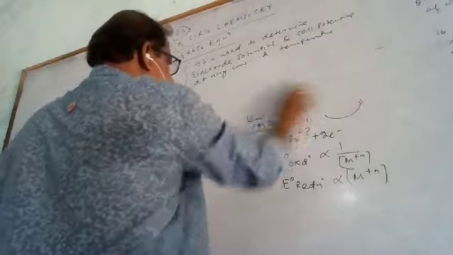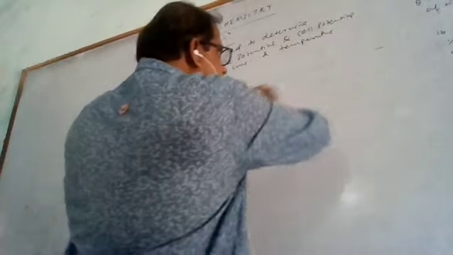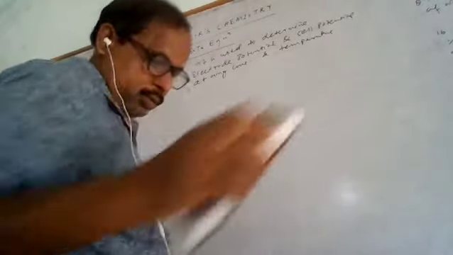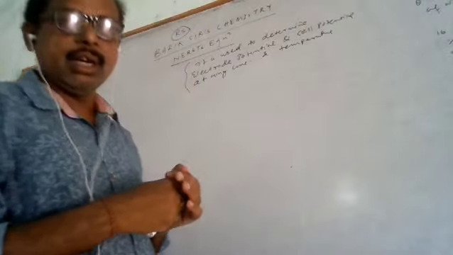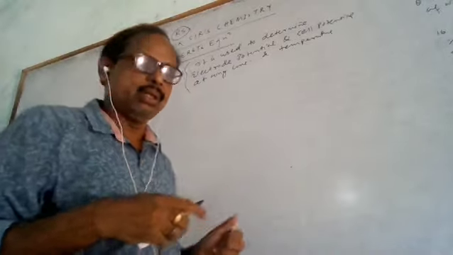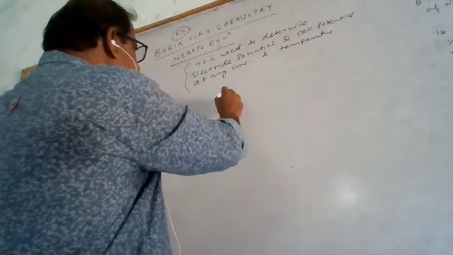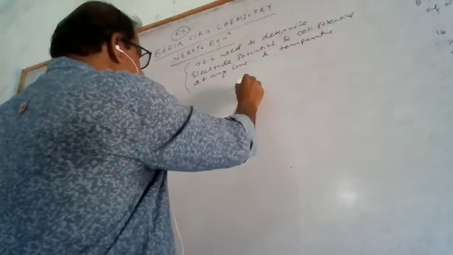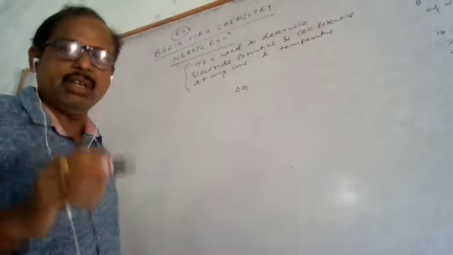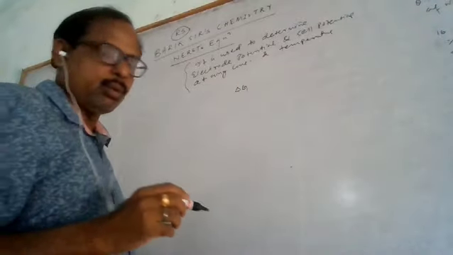So how can it be determined? Here, how to determine the electrode potential at any concentration and any temperature. For the determination of the electrode potential, let me write some equations. You know the delta G, that is the free energy change, the Gibbs equation.